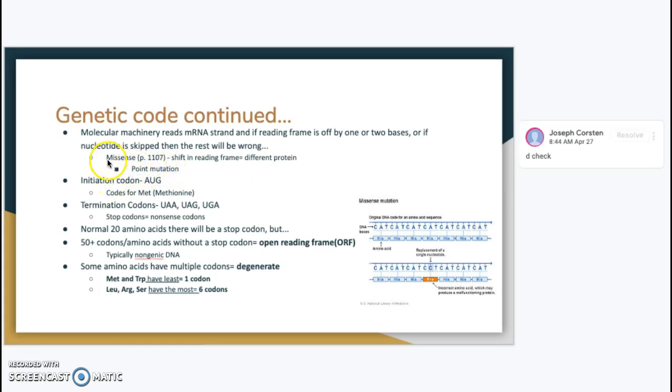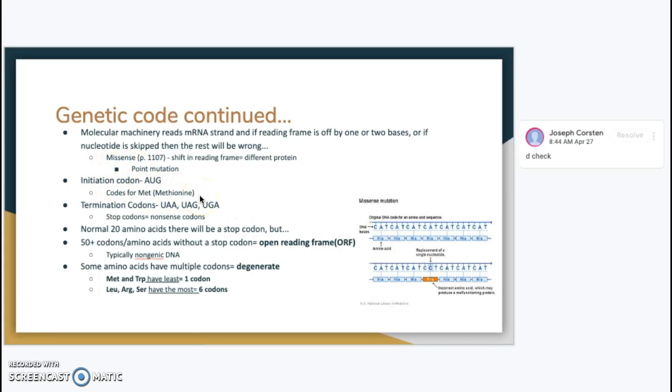Now, looking at different types and labeling them, a point mutation, as can be seen here, is a form of missense mutation, and this causes a shift in the reading frame. Missense is actually either an addition or deletion of the mRNA sequence.